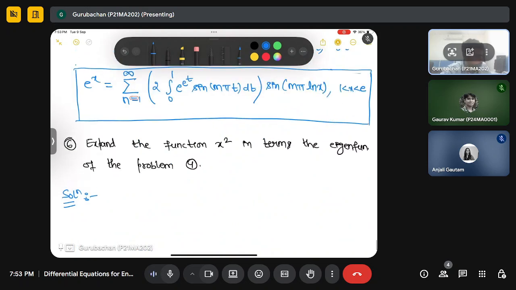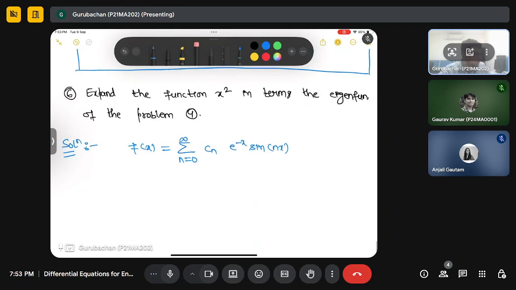From here, f(x) is equal to the summation from n equals 1 to infinity of Cn e to the power minus x sin(nx). So these are your eigenfunctions.